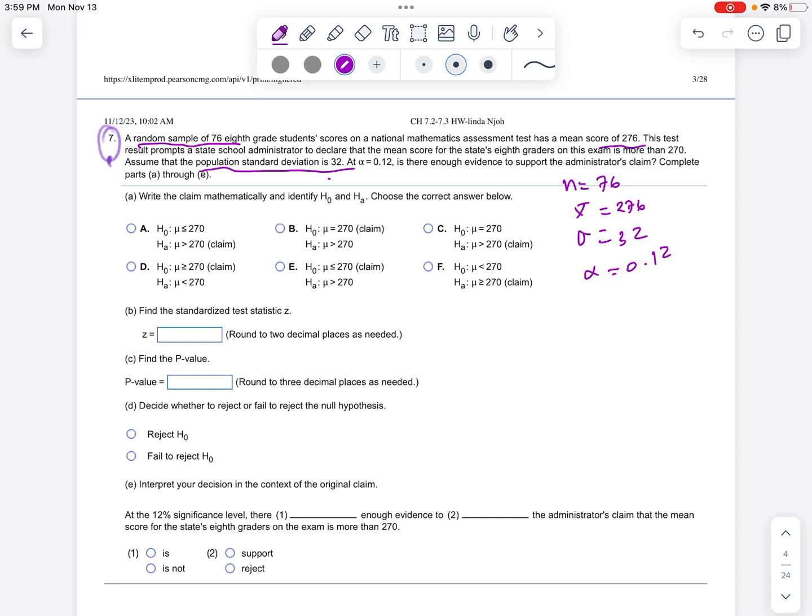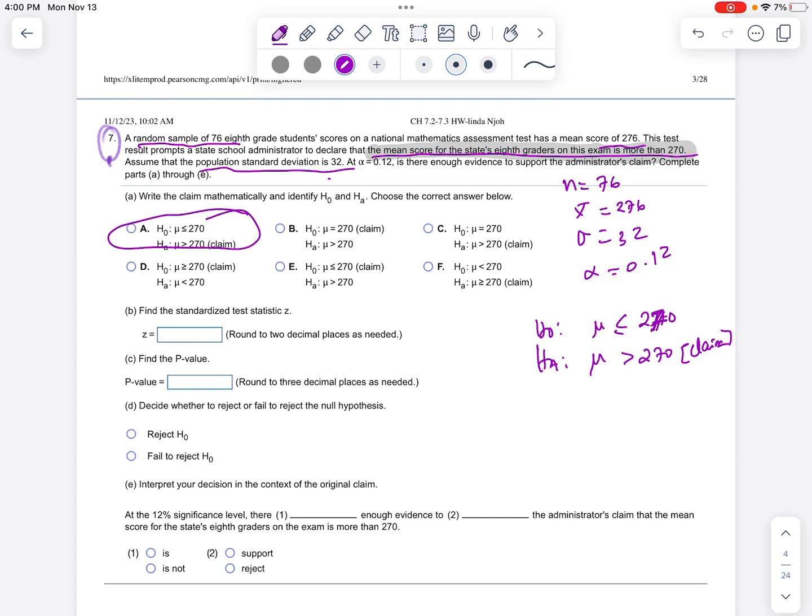The claim is that the mean score for the state's 8th graders on this exam is more than 270. So HA is mu more than 270, and the null is mu less than or equal to 270. The claim is in the alternative. So it's A.